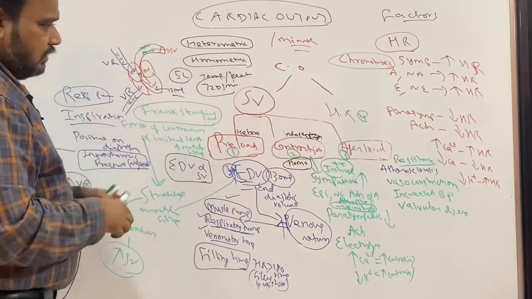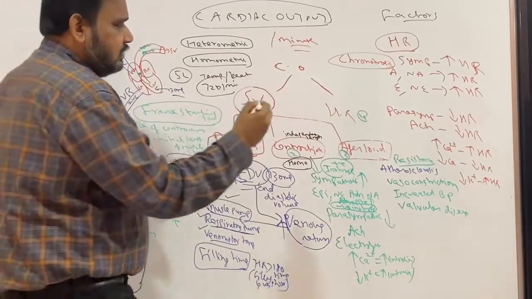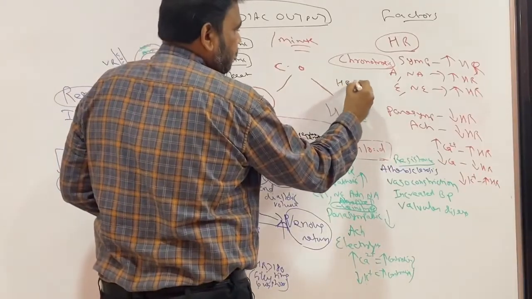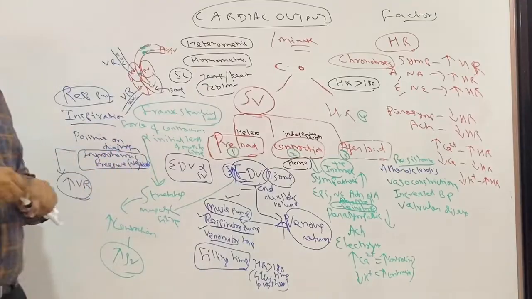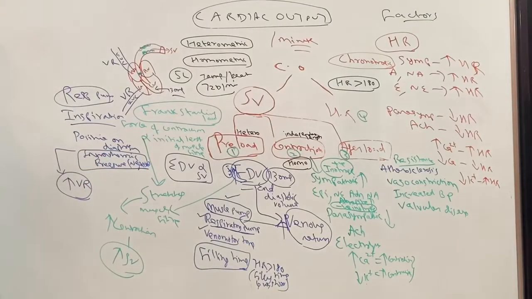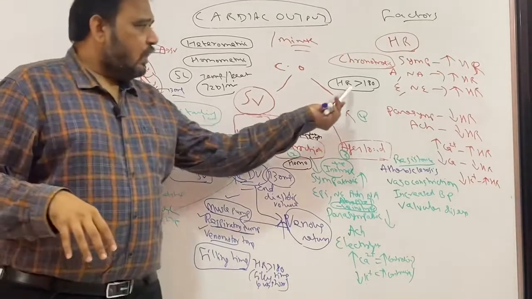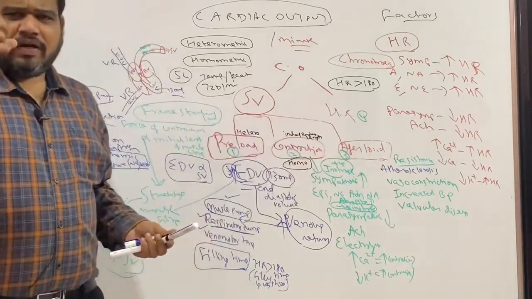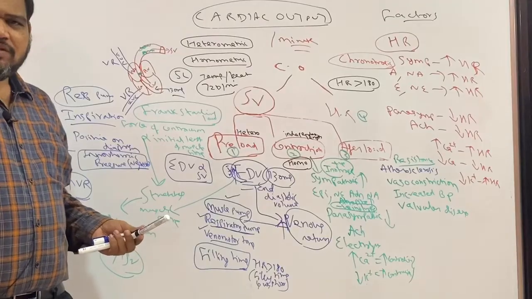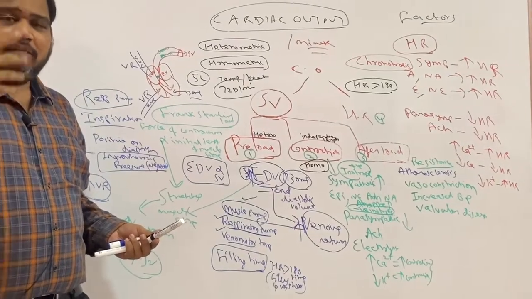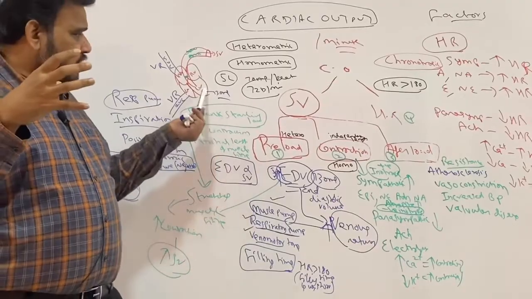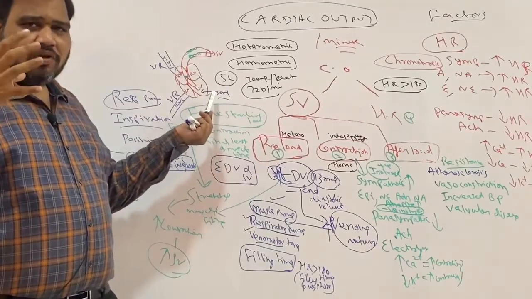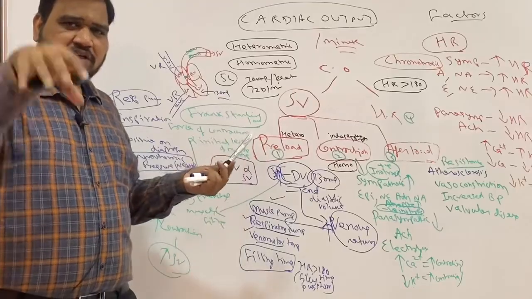Now, in heart rate, imagine your heart rate is greater than 180. Though sympathetic stimulation increases the heart rate, which increases cardiac output, it is only up to a certain level. What happens when your heart rate is greater than 180? Your heart beats 180 times per minute. When your heart relaxes, the end diastolic volume will come, that is, the venous return is sending the blood.